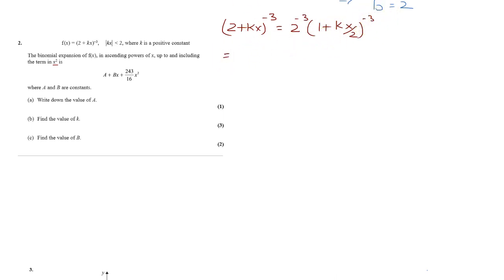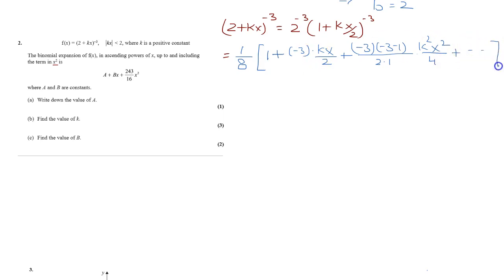Now we do its expansion. 2 to the power minus 3 is 1 over 8. This is 1 plus minus 3 over factorial 1, multiplied by kx over 2, plus minus 3 times minus 4 over factorial 2, multiplied by k squared x squared over 2 squared, which is 4, plus.